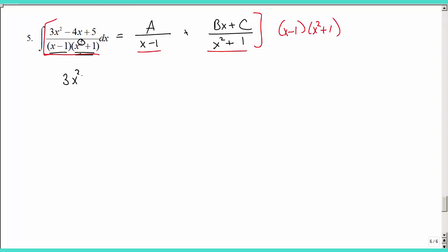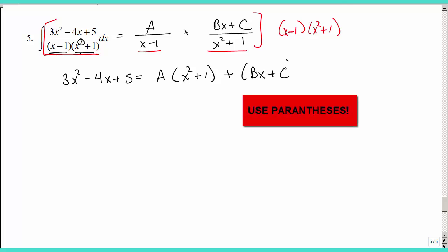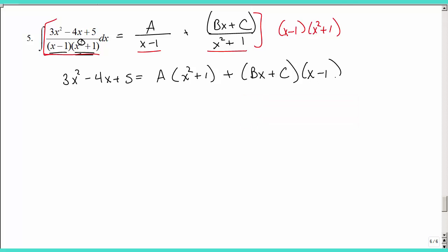You're going to get 3x squared minus 4x plus 5 equals A times x squared plus 1, and this is where you've got to be careful with those parentheses. Put the Bx plus C in parentheses so it all gets multiplied to the x minus 1.